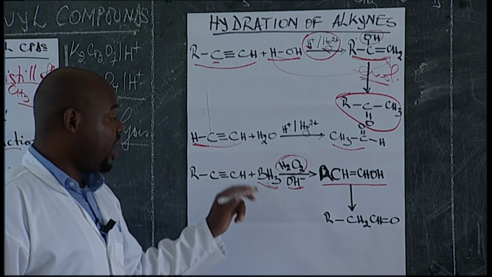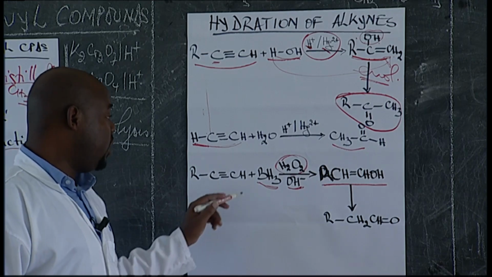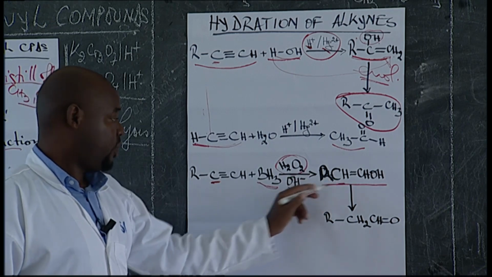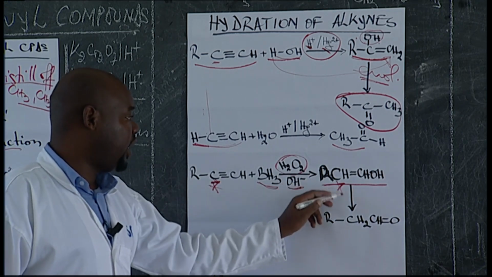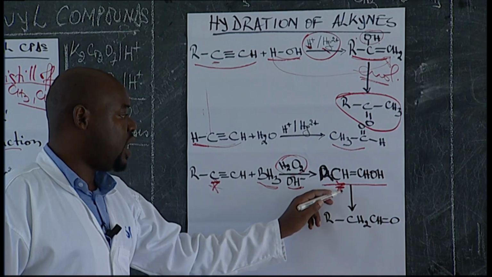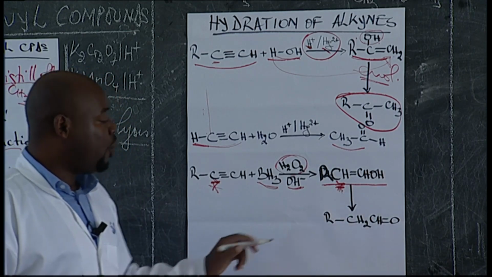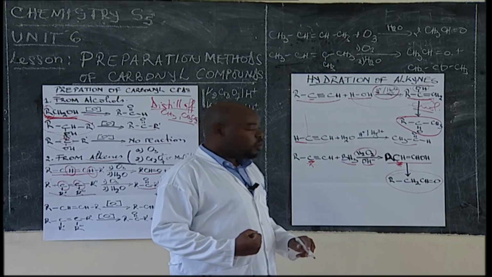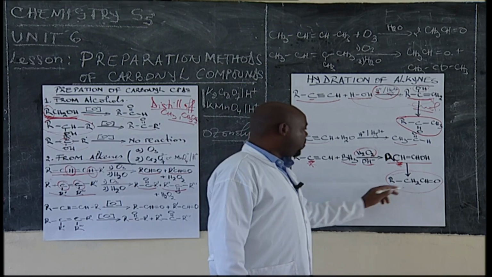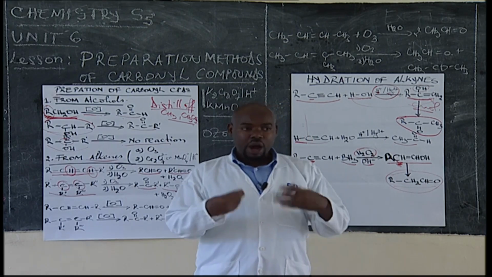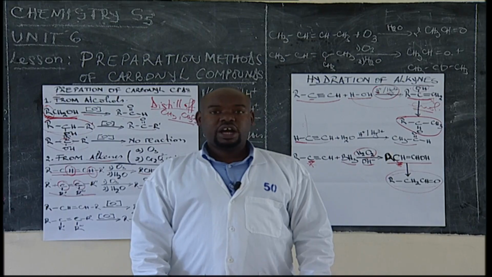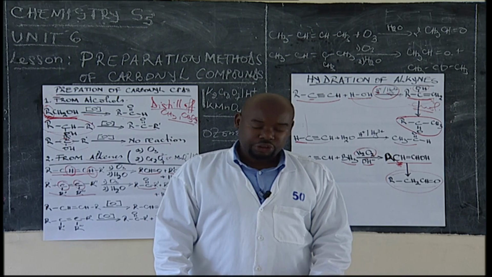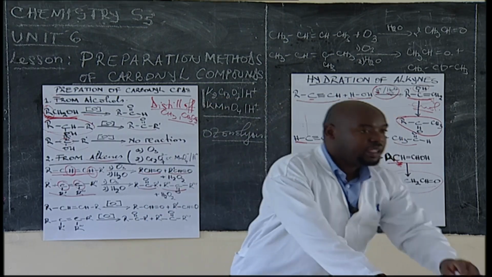The anti-Markovnikov product means that we will place the hydrogen on the less hydrogenated carbon. It's here. See, this carbon is the one which has taken the hydrogen. So this is the anti-Markovnikov product. And when it undergoes a rearrangement to produce the more stable carbonyl compound from an enol compound, we produce an aldehyde. So if you want to produce aldehydes, you can always use hydration via hydroboration. Let us take some examples.